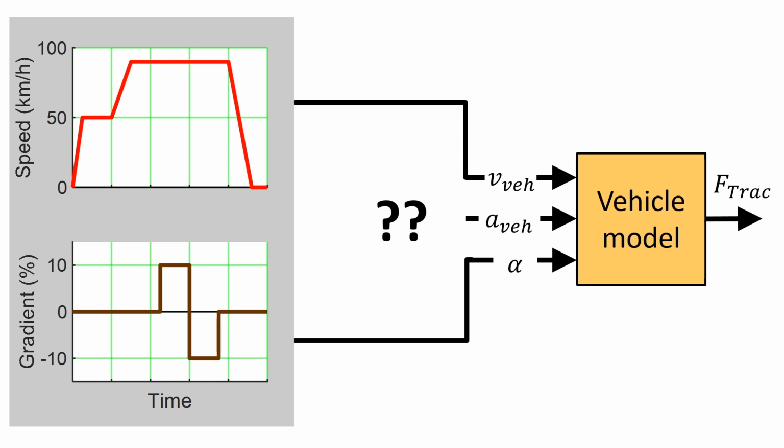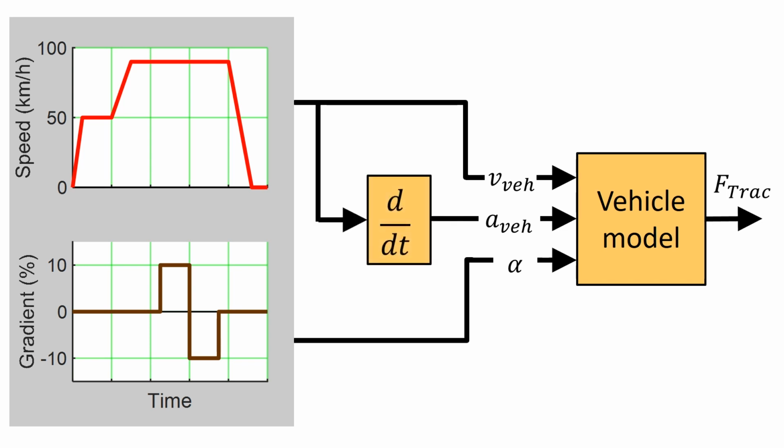Since the vehicle model only can base its calculations on information in one single time instant, it needs the acceleration to fully describe the situation. However, the acceleration information is available also in the driving cycle, since a time series of speed values also define the acceleration. The acceleration is simply calculated as the time derivative of the speed.